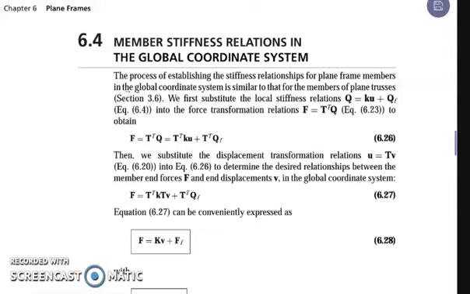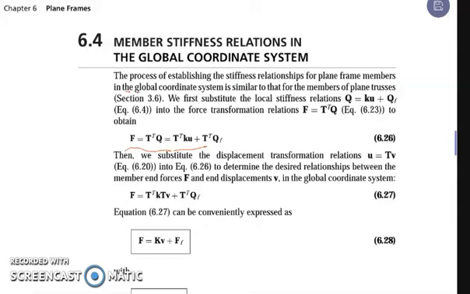If we establish that relationship, we can have this equation: member end forces in the global coordinate system is equal to the transpose of the transformation matrix times Q, which is equivalent to the transpose of the transformation matrix times K times U plus T raised to T Qs of F.